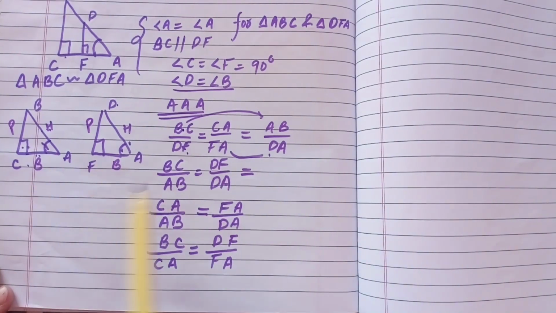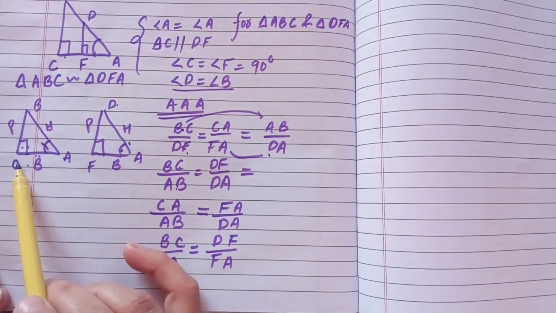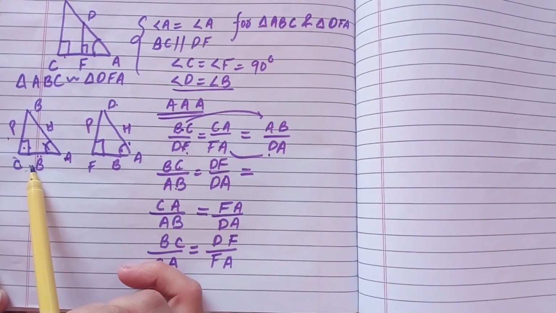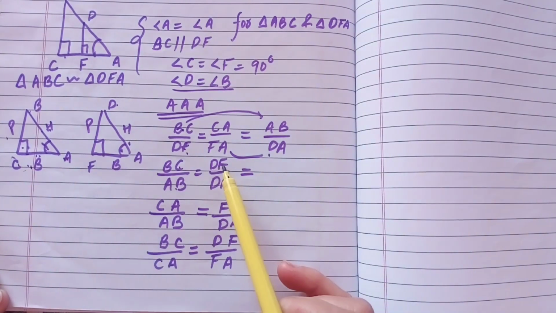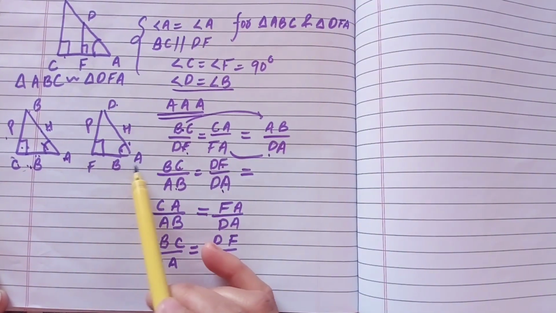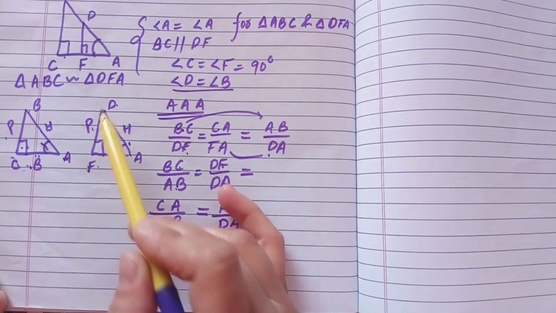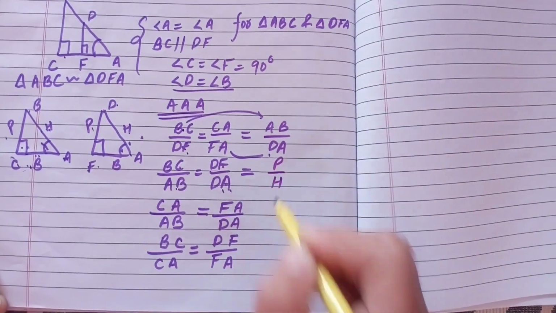So see clearly, BC by AB is perpendicular by base, and DF by AD is perpendicular, and AD is the hypotenuse. So it can be written as perpendicular by hypotenuse.